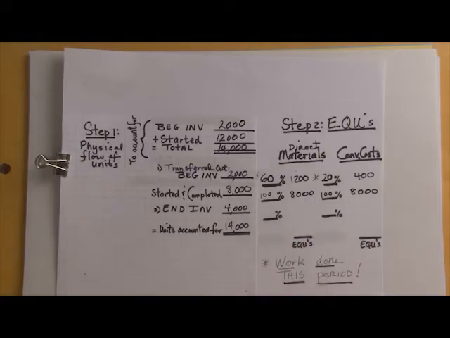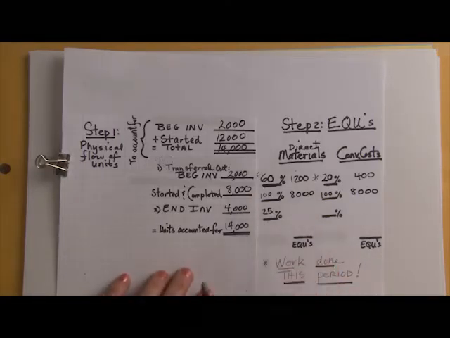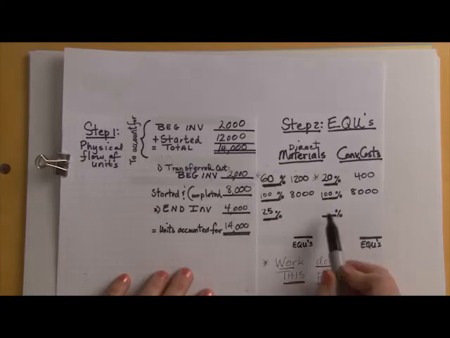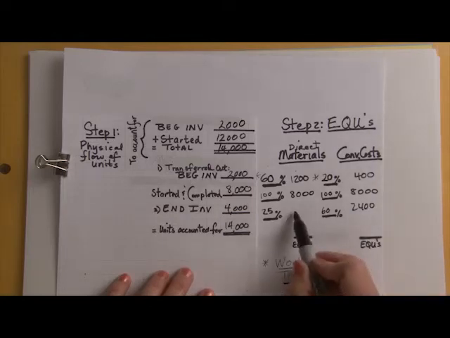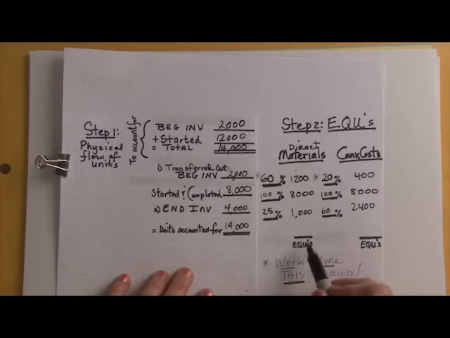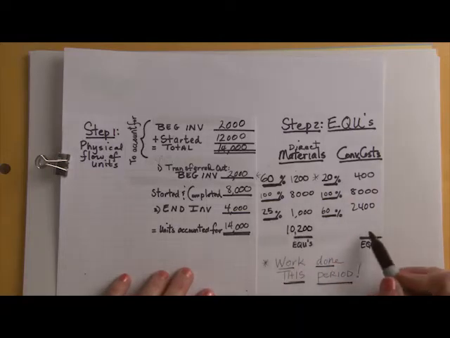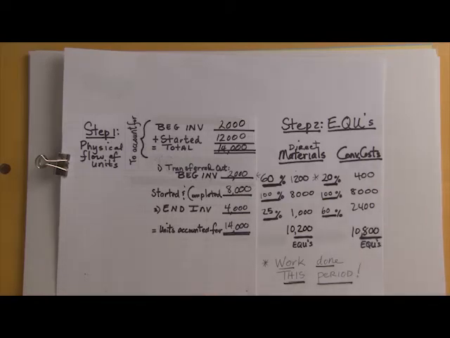Now the ending inventory is as before. The management would have to tell us the degree of completion here, and they said 25% materials, 60% for conversion cost, and we can compute our equivalent units. So this becomes 10,200 for materials, becomes 10,800 for conversion cost.